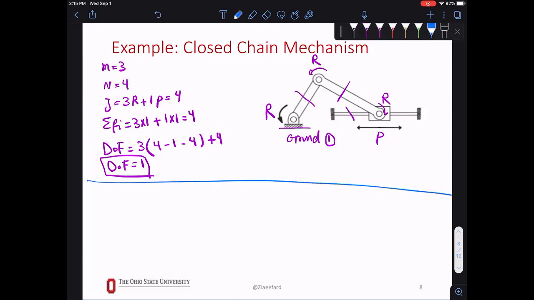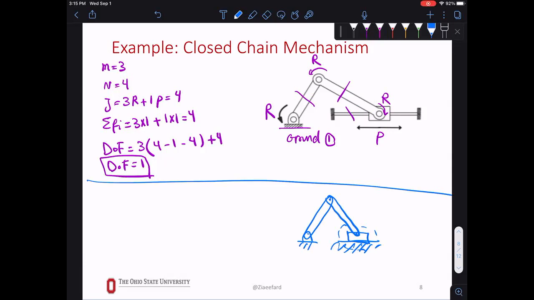The degree of freedom is similar. We can think of this as, well, this part is the same. This part is the same. There's ground. You see that I'm not eliminating the rod, I'm just saying it's inside that box.